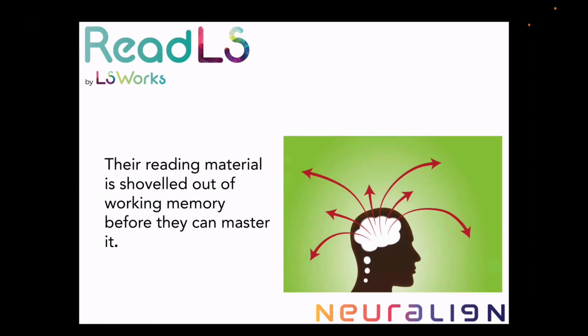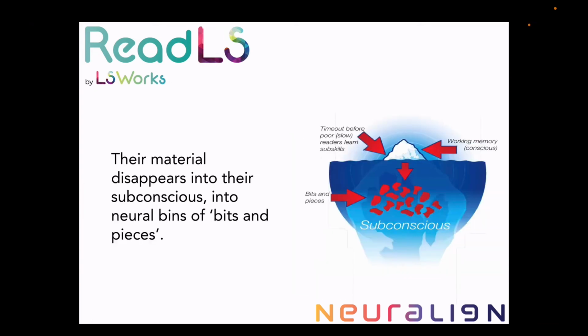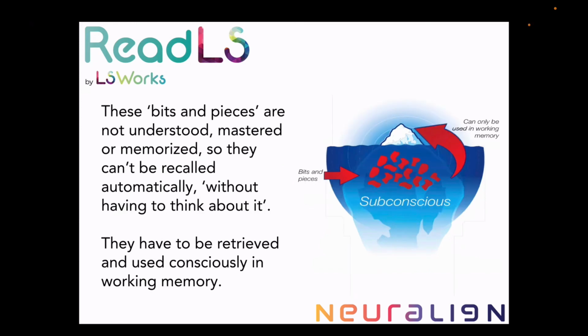Their reading material is shoveled out of the working memory before they can master it, before it gets automatized. Their material disappears into the subconscious like a messy room, in bits and pieces. These bits and pieces are not understood, mastered, or memorized, so they can't recall them automatically without having to think about it.